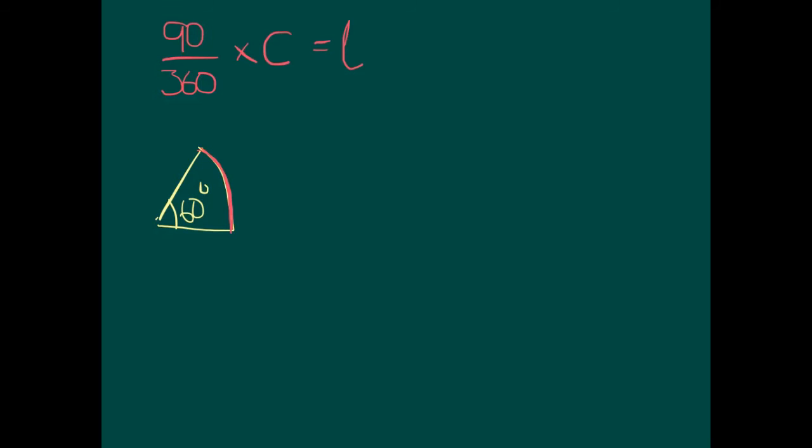So I can say 60 over 360, a fraction of the entire angle of my circle, and knowing that the arc length will reduce by the same fraction, I simply multiply this by the circumference, and that will give me my arc length.